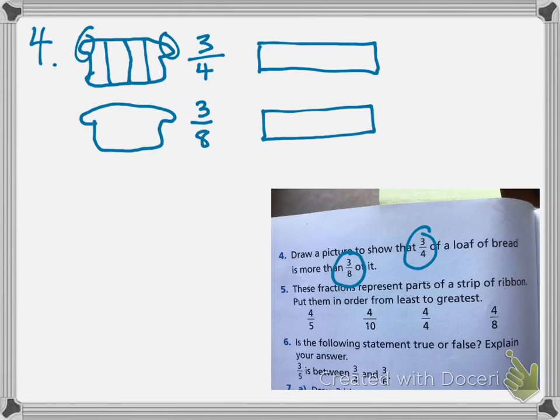So let's make this one 3/4. So divide that into 4 parts. Now remember, the best way to make 8 parts is to make 4 parts first and then divide them again. Okay, what I would like you to do is color in your 3/4 and your 3/8 and then start the video again. So pause.